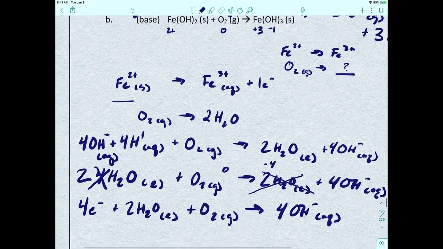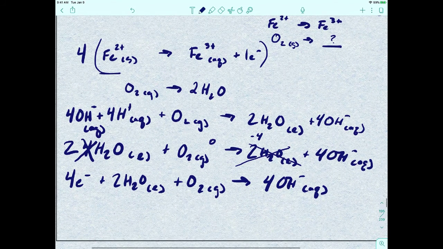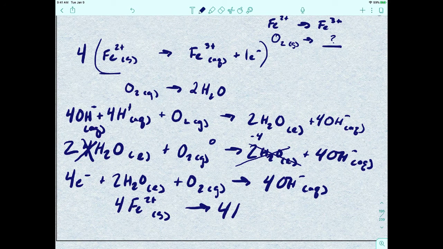Over here with the other half reaction, since we've got one electron here, we need to multiply this whole half reaction by 4, so that we've got the same number of electrons. So let's bring that equation down here: 4 Fe2 plus solid becomes 4 moles of Fe3 plus aqueous plus 4 e minus.